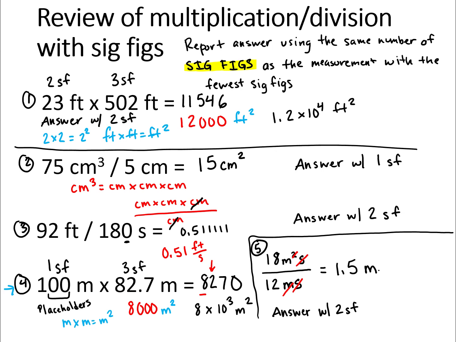So you can simplify those units, and sometimes that's what will trip you up on the mastering chemistry homework. So don't let it. Does that help with more examples of the division?